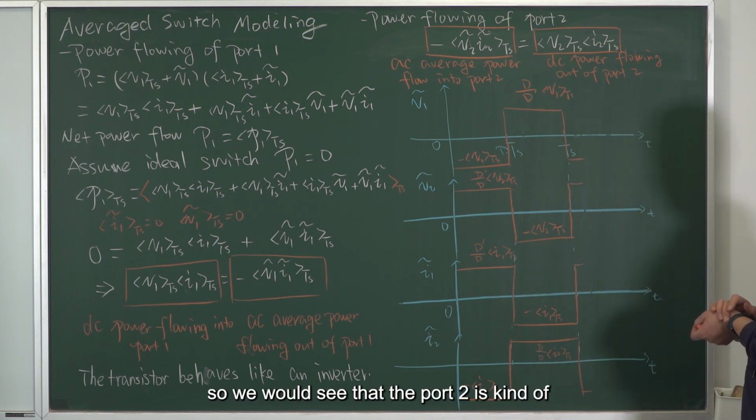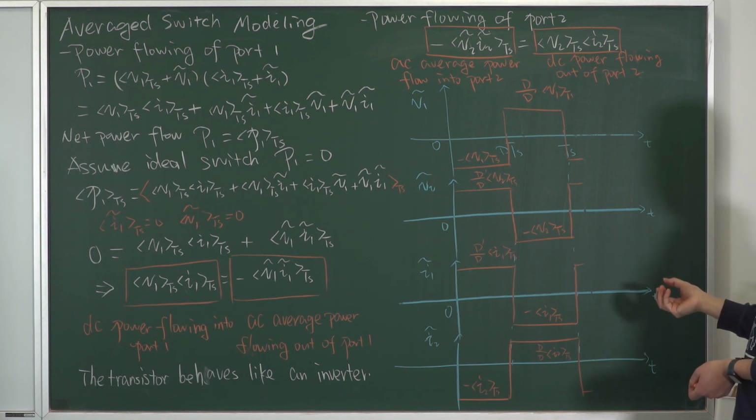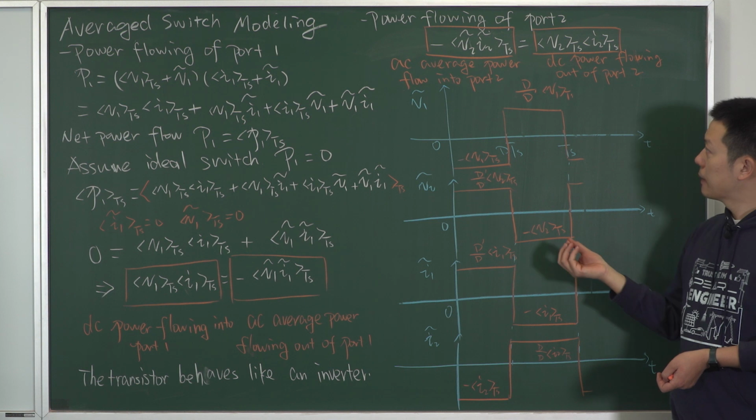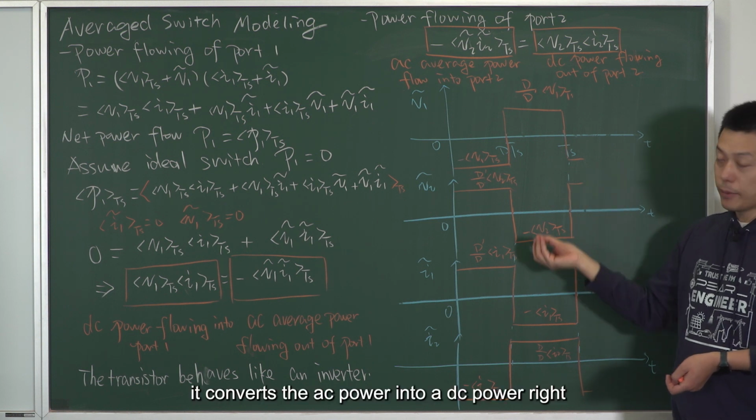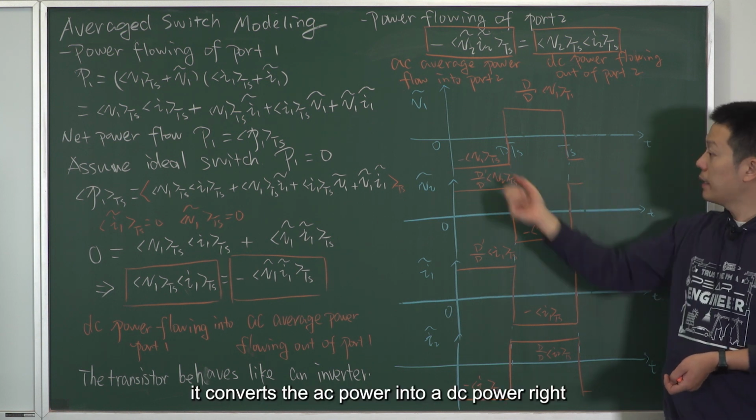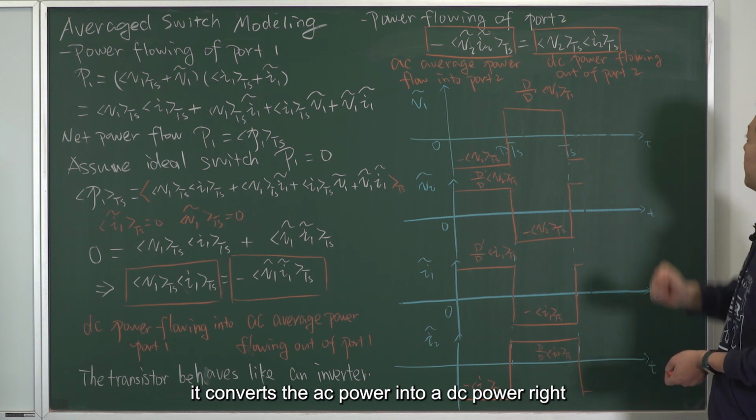So we see that port 2 converts the AC power into a DC power, right?